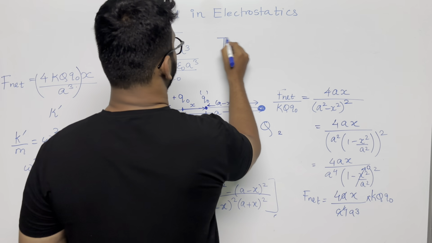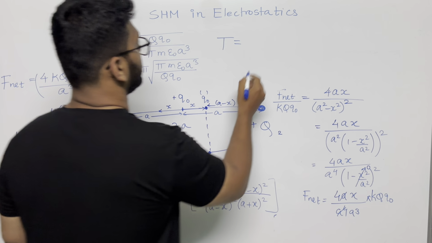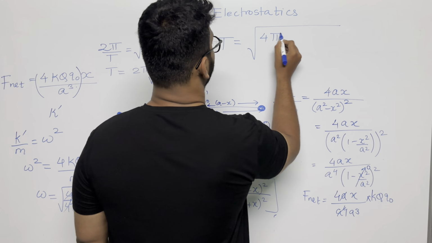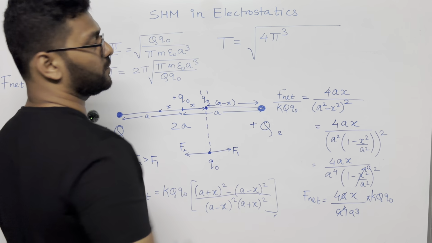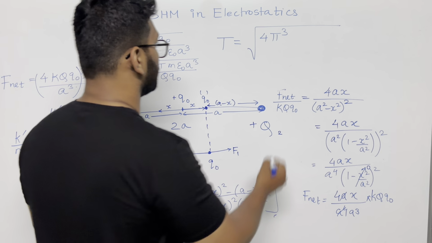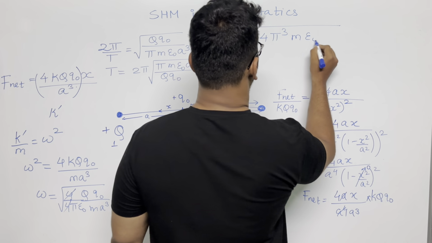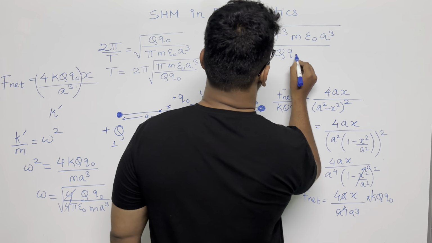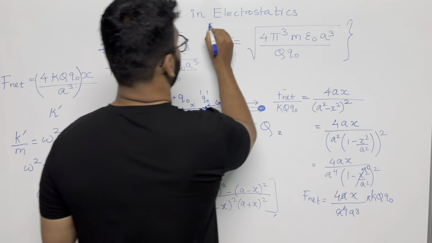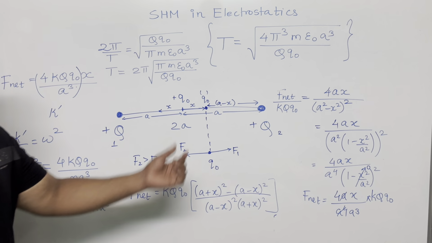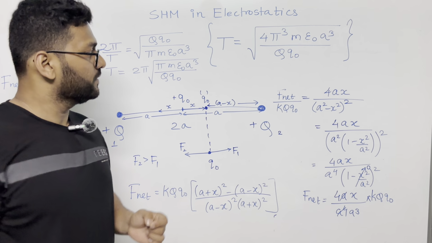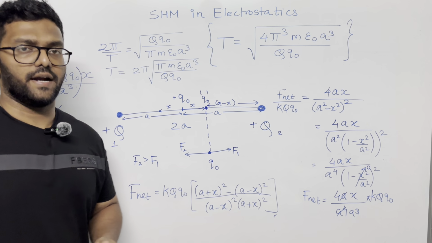The time period T turns out to be, if I take it inside, it will be square root of 4 pi cube, because it will become pi square once it enters inside the square root. So this is m epsilon naught a cube by q into q naught. This is going to be the time period of this particular charge q0 doing SHM, right? Okay, so let's look at the next question.